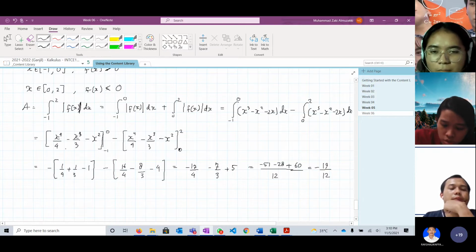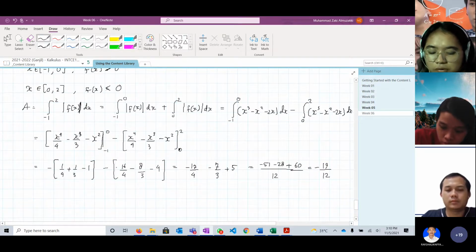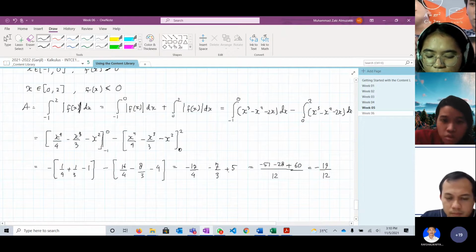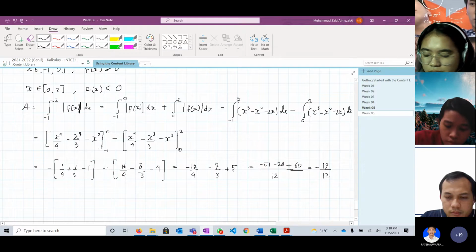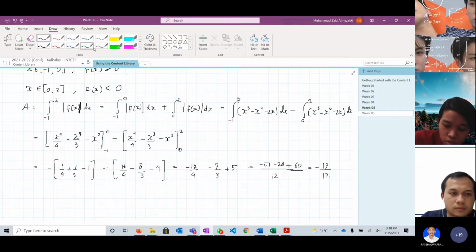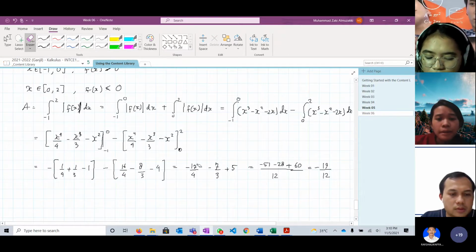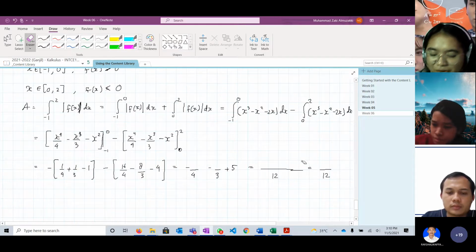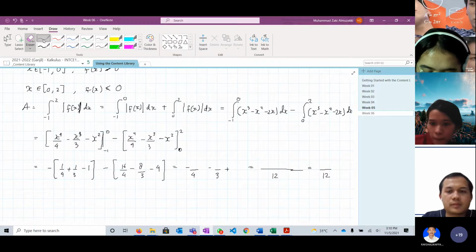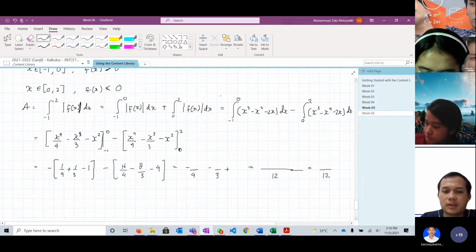We put 0 and we put -1. Something is wrong. The value should be positive. Can anyone spot the mistake that I made?